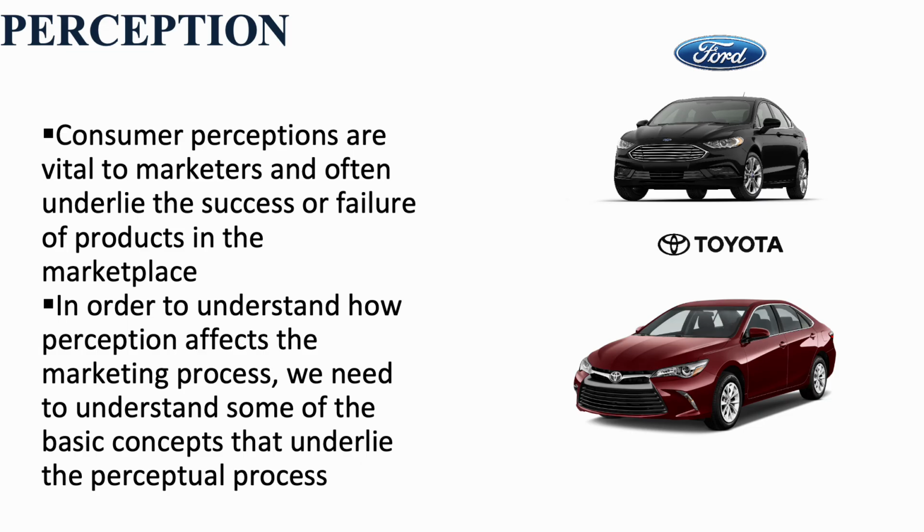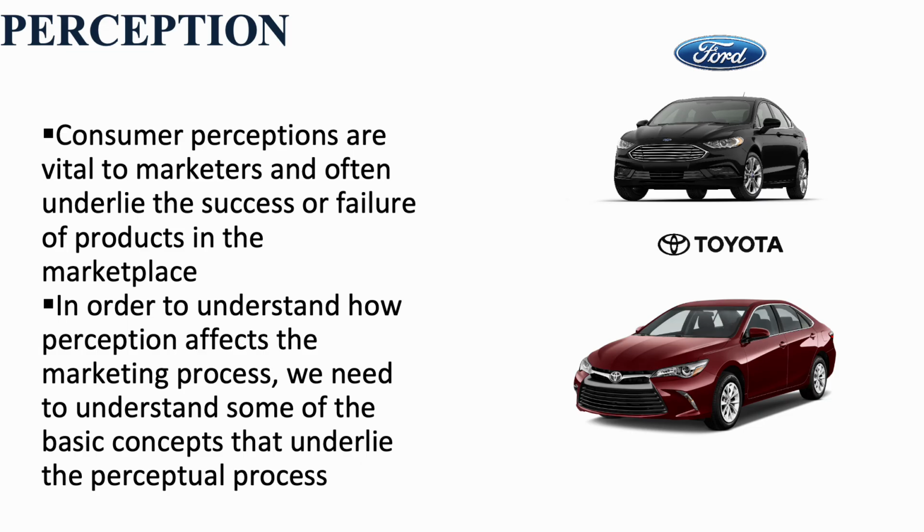So, is there a discrepancy between perceptions of Ford and Toyota? Absolutely. The question becomes what underlies those perceptions. One might be location. Ford is headquartered in Detroit, and so perceptions are different.